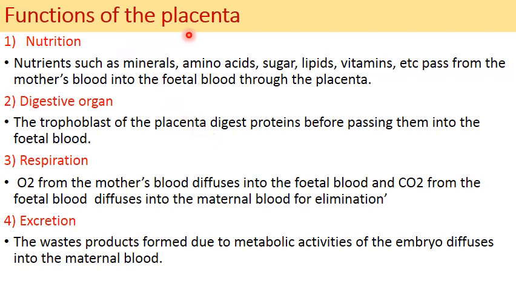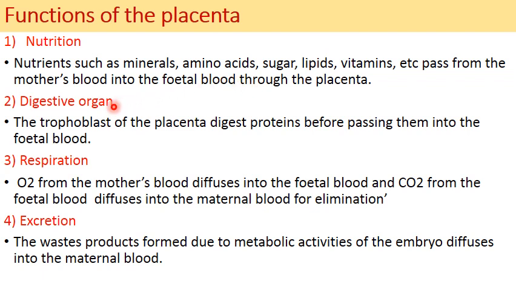This is important because generally it's asked about the functions of the placenta. First function will be nutrition. So nutrition such as minerals, amino acids, sugars, lipids, vitamins, etc., is going to pass from the mother's blood into the fetal blood through the placenta.